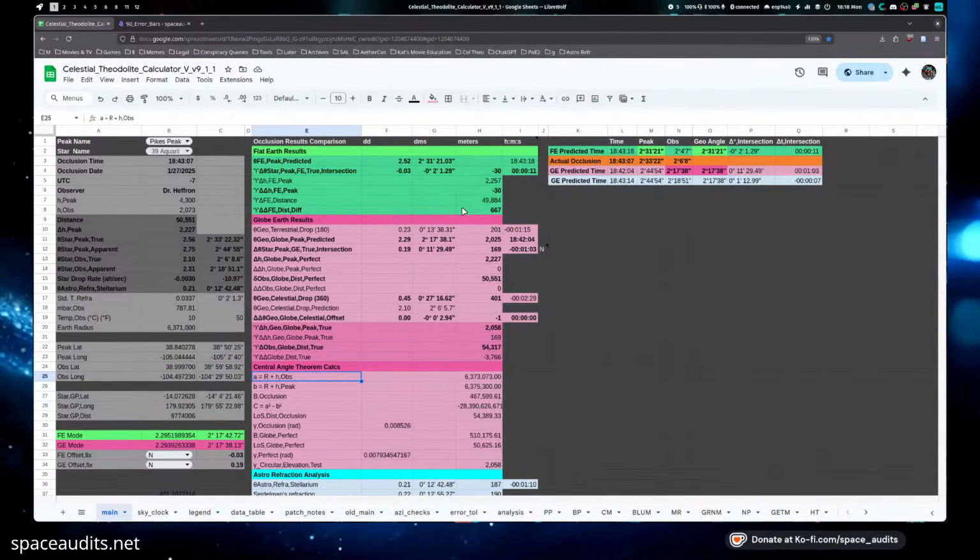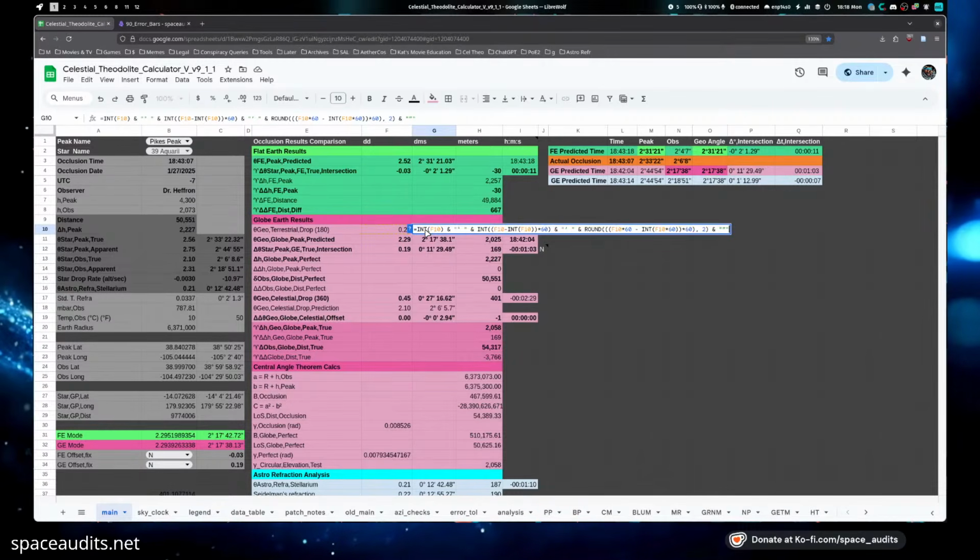So that's why we can do things like the refraction correction for this. The way that it works out is it's basically the central angle. So the curvature over 50 kilometers is 13 arc minutes, but then they have 12 arc minutes of refraction.